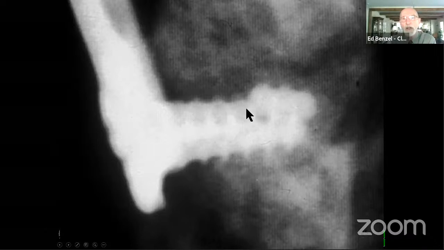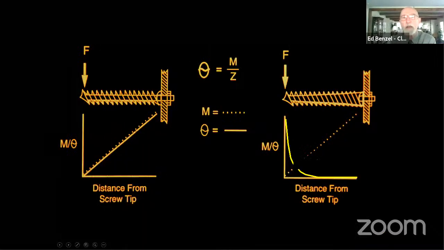So this is a different scenario. This screw has a tapered inner diameter. And so the bending moment still increases linearly as we go along the screw. But also as we go along the screw, since the section modulus is proportional to the third power of the diameter, the section modulus increases exponentially as we pass along the screw.